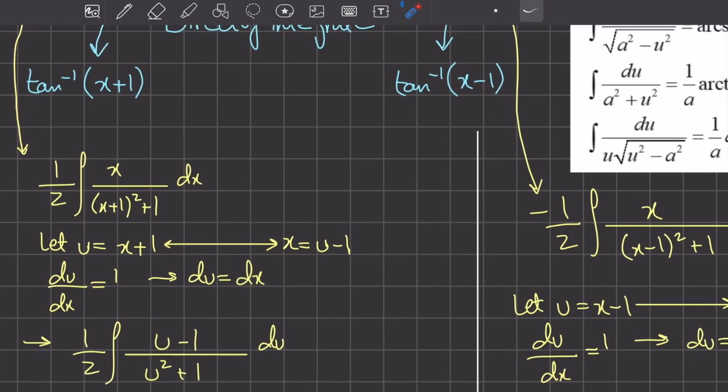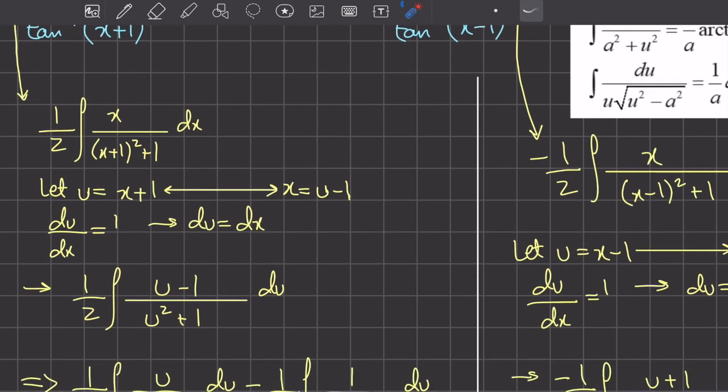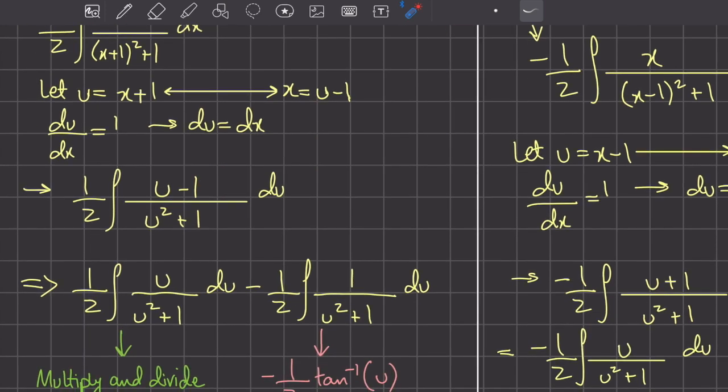We take u equals x plus 1, du over dx equals 1. Hence, du equals dx. Now, since we need to get rid of all the x terms in this, we will rewrite the x in the numerator as u minus 1. So we have u minus 1 over u squared plus 1 times du.